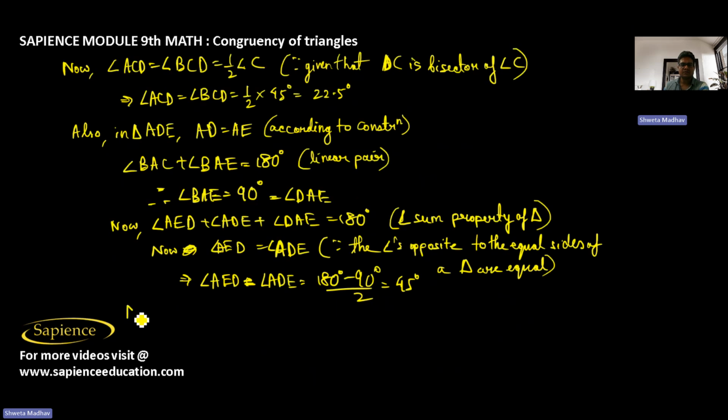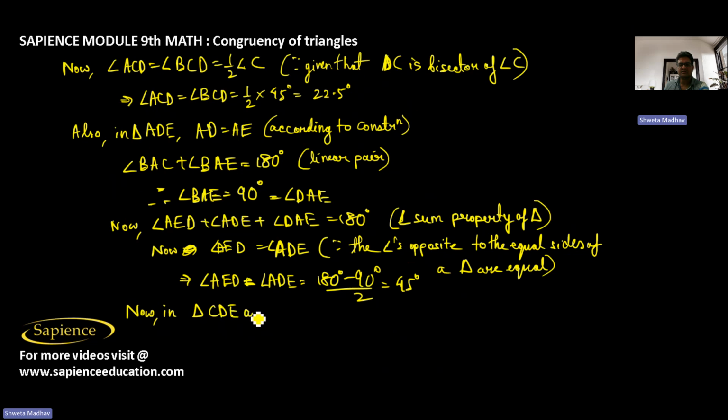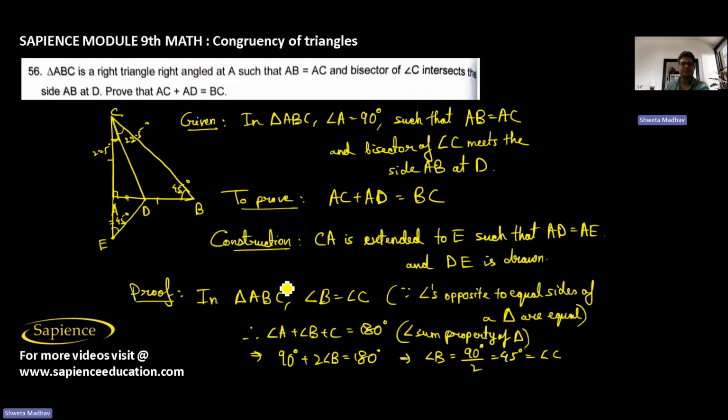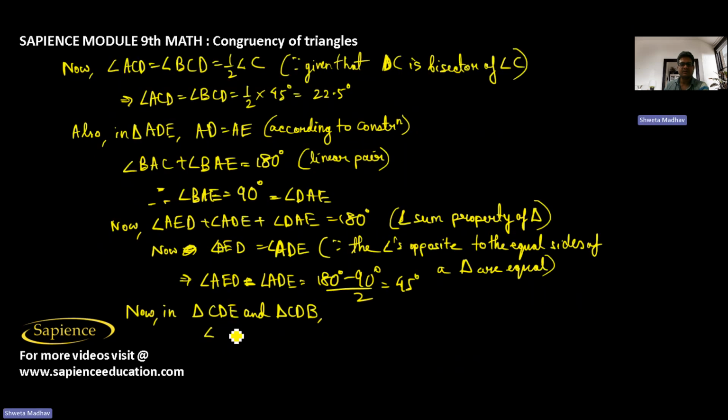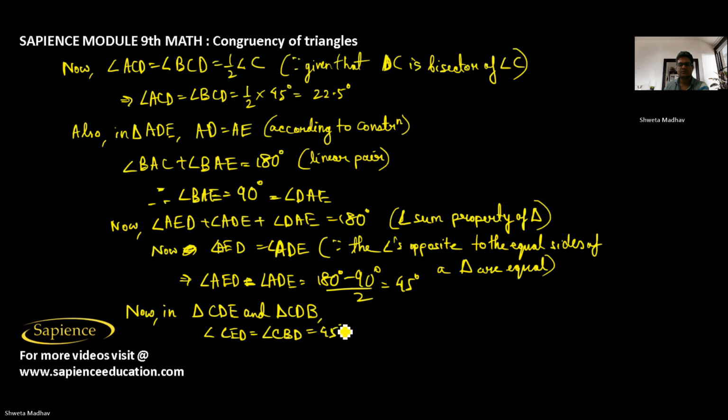So now we can say, in triangle CDE and triangle CDB, angle CED is equal to angle CBD, which is 45 degrees, which is proved above.